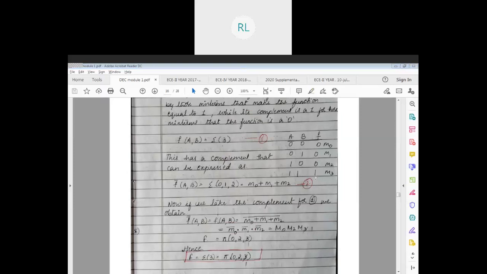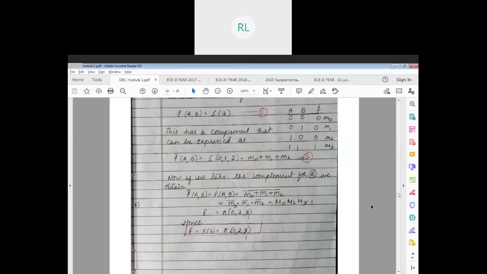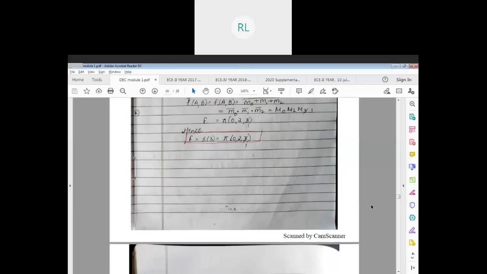One is considered for a min term, and 0 is considered, in the bracket you write in the output, close the bracket, 0 is considered for max terms. Can I proceed? Yes, sir.